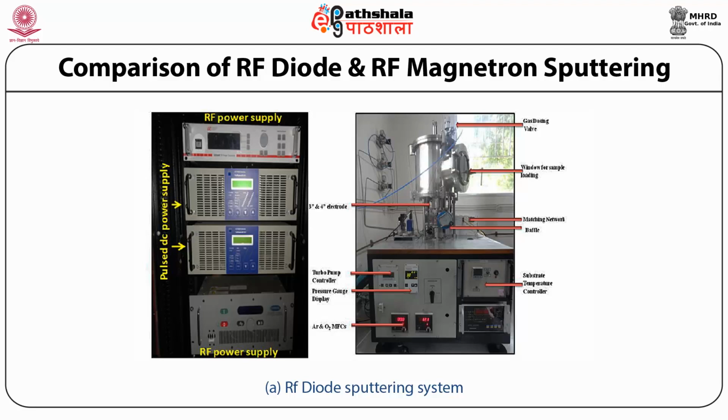Then there is a gas dosing valve, 3 and 4-inch electrodes for the target, and a 6-inch electrode for the target, turbomolecular controller, then the pressure gauge, argon and oxygen MFCs, and the substrate temperature controller.